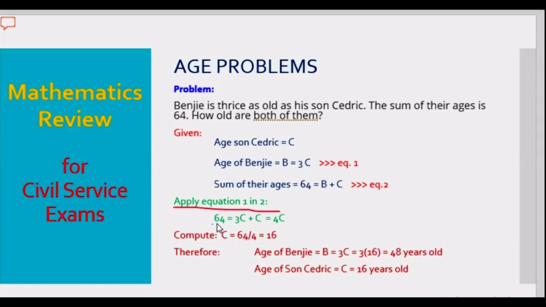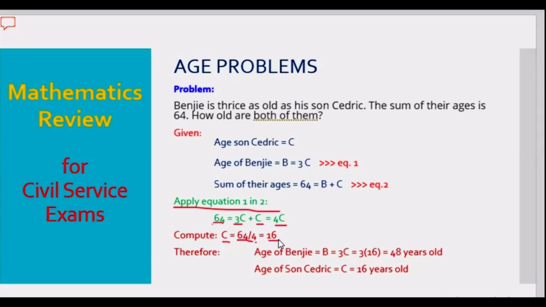So 64 equals the age of B, which is 2C, plus C, the age of Cedric. So 64 now is equal to 3C. So getting the value of C, the age of Cedric is written as 64 over 3.